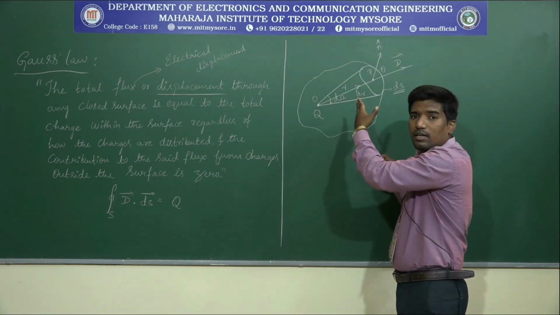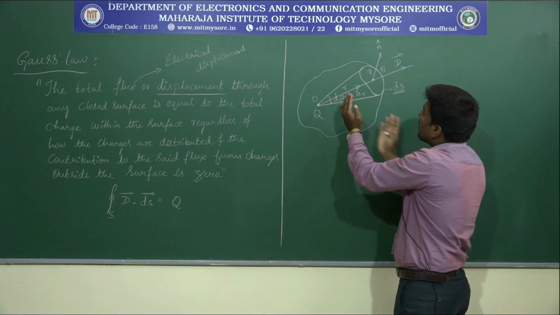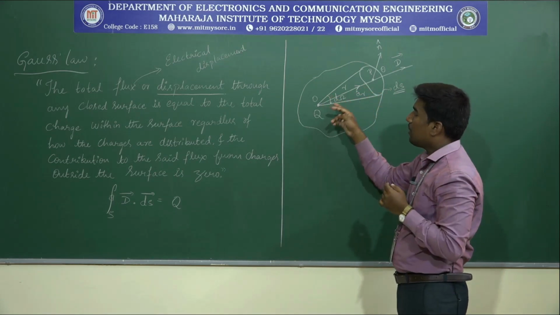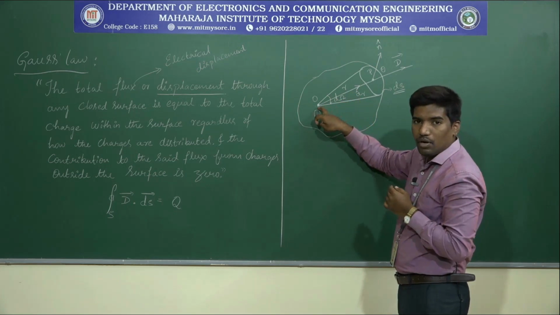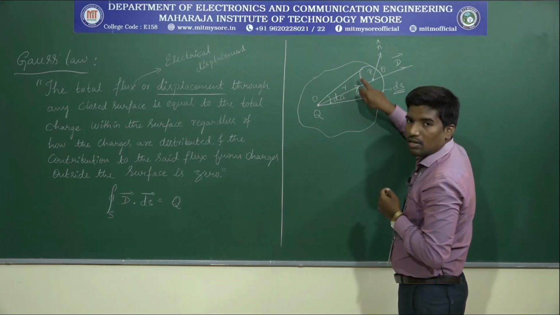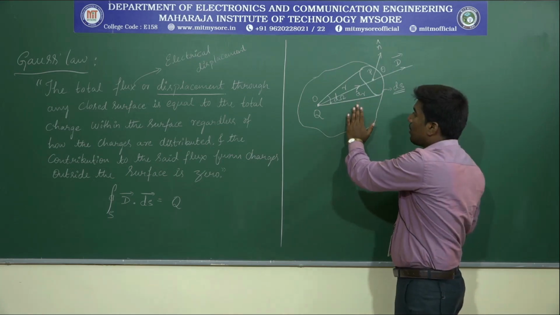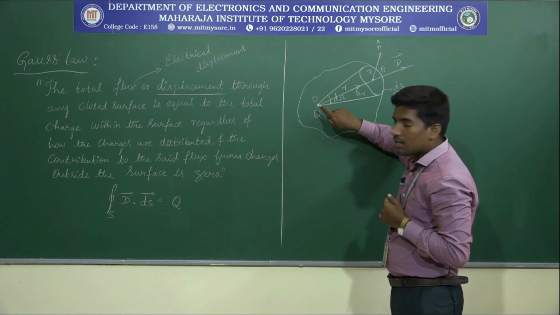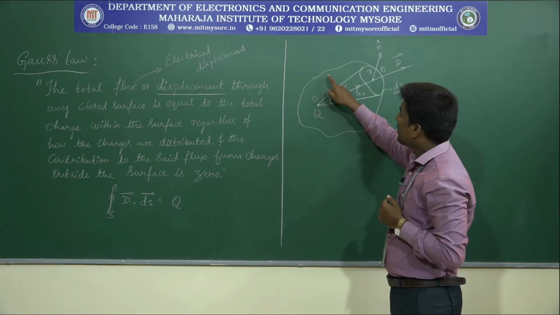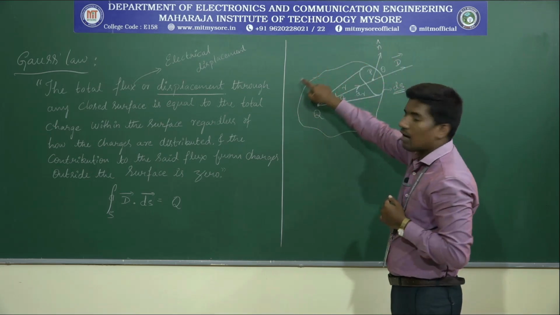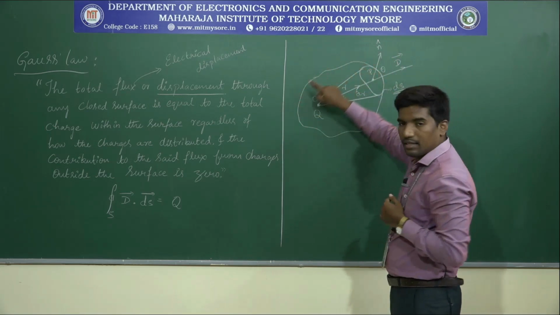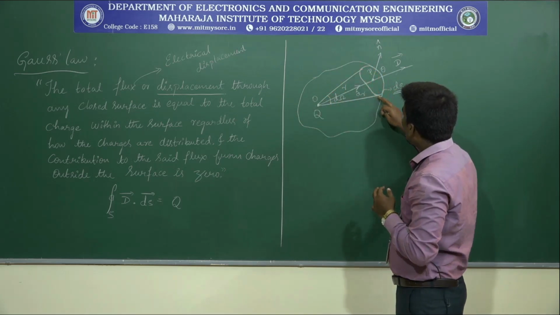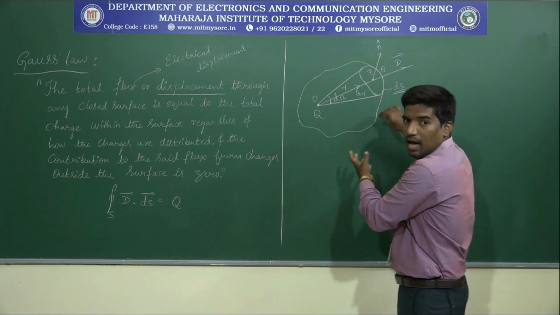Why is it called a solid angle? We are considering a three-dimensional cone shaped area. That's why d omega is the solid angle formed at point O due to the elementary surface ds. Let me explain this geometry once again. Let us consider a point charge Q, and consider an arbitrary surface area around it, and one more elementary surface area ds within that arbitrary shape.